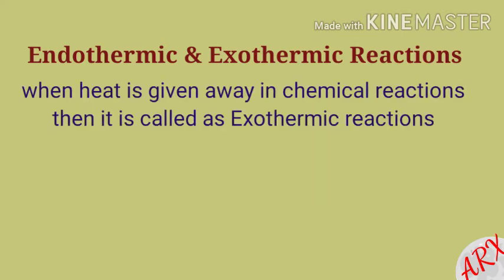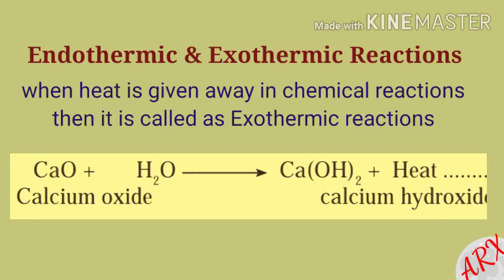Whereas the reaction in which heat is given away is called an exothermic reaction. For example, when calcium oxide reacts with water, it gives calcium hydroxide and heat is evolved during the reaction. The reaction can be written as you can see on the screen.